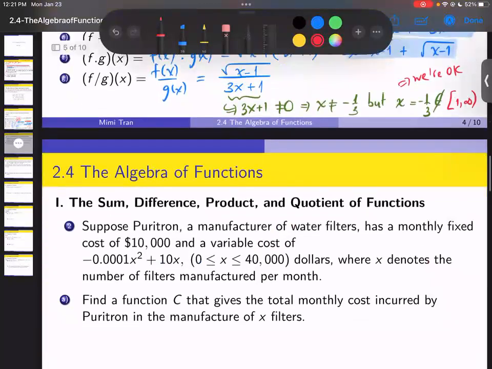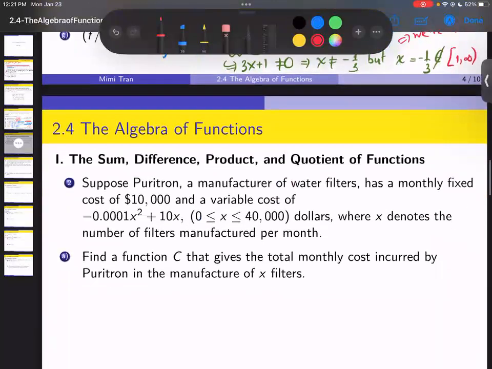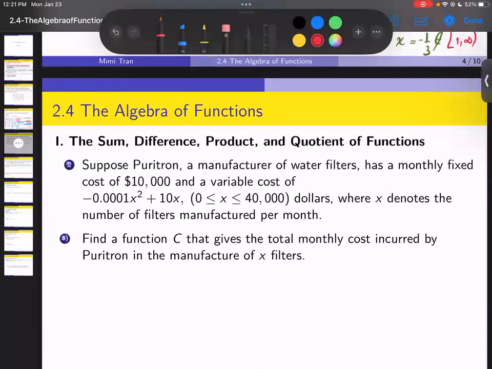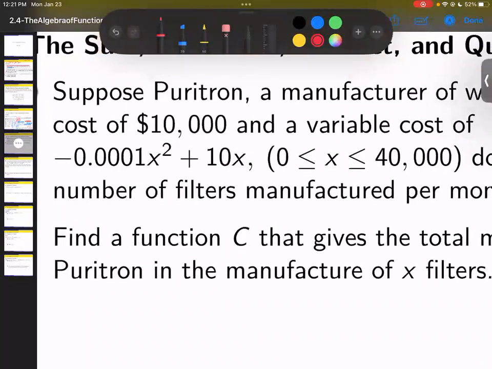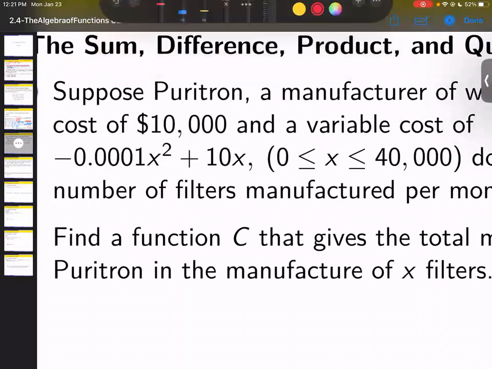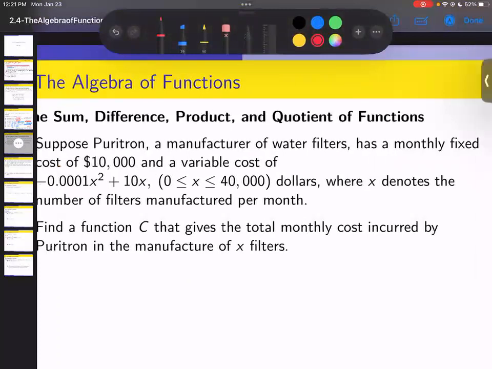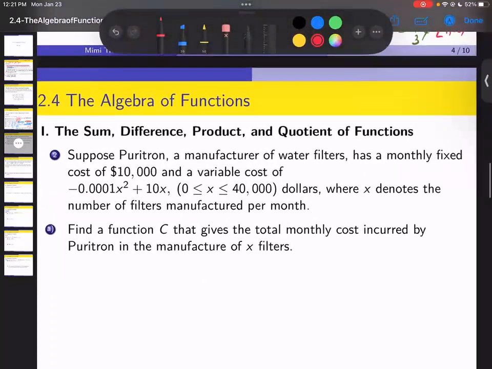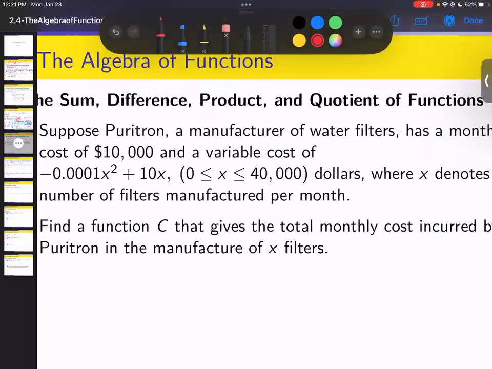All right, application. You guys are business people, you probably can help me with this. Suppose Puritron, a manufacturer of water filters, has a monthly fixed cost of 10 grand and a variable cost of this function, negative 0.0001 x squared plus 10x, where x denotes the number of filters manufactured per month, between 0 and 40,000 filters.